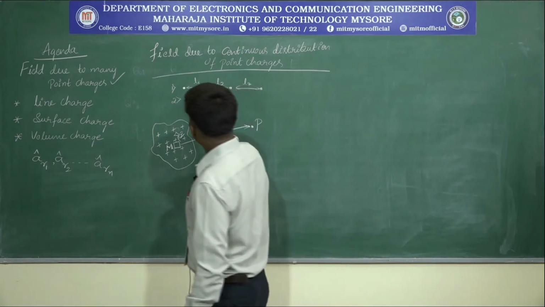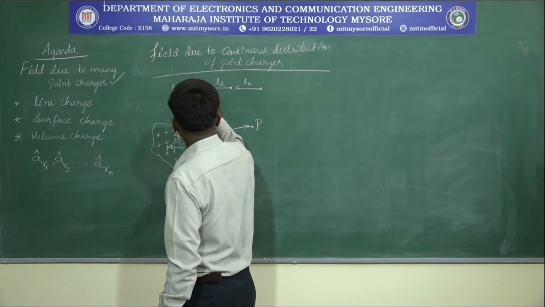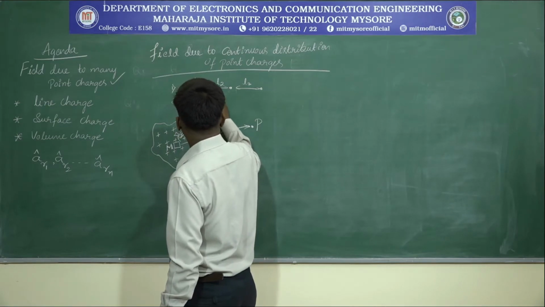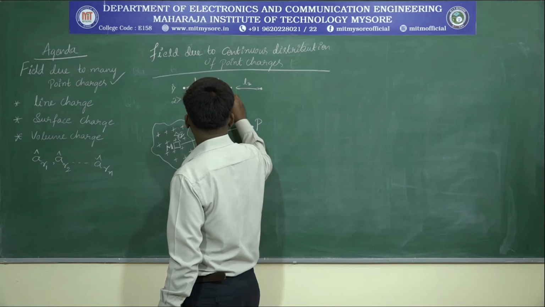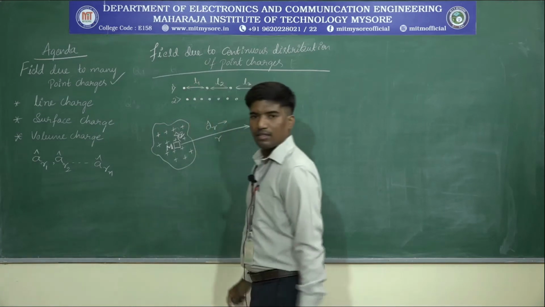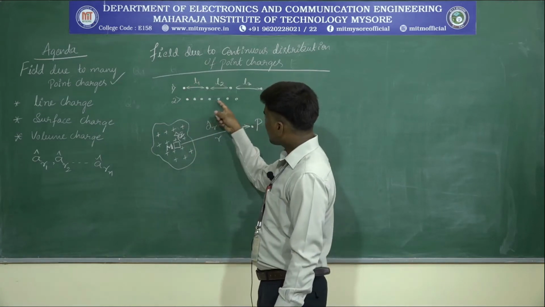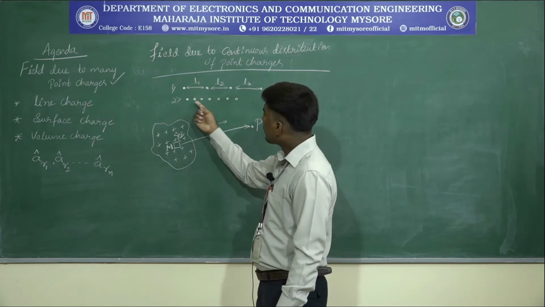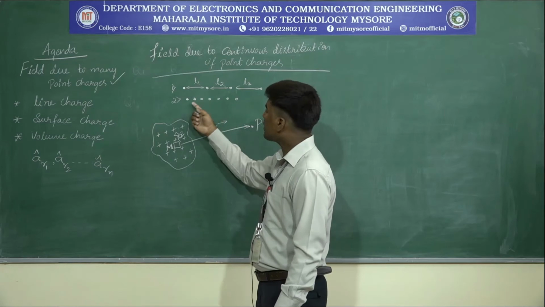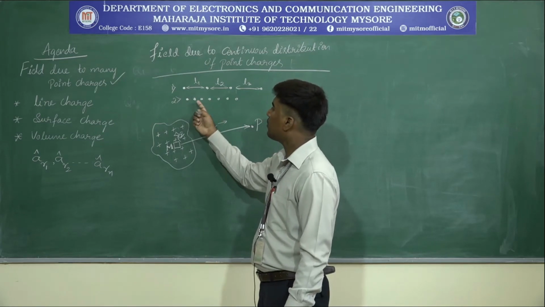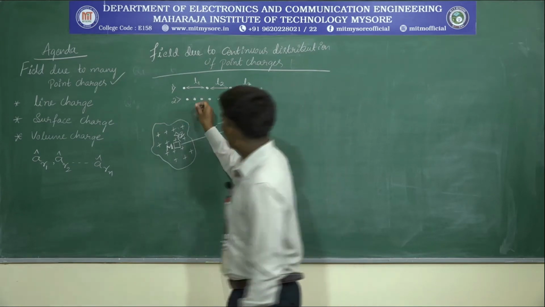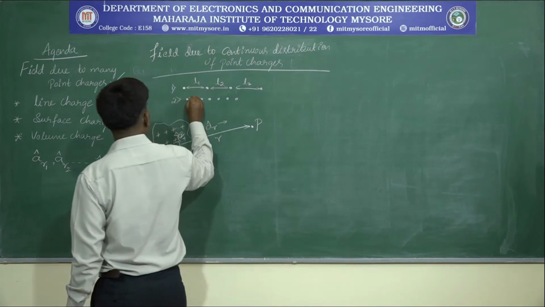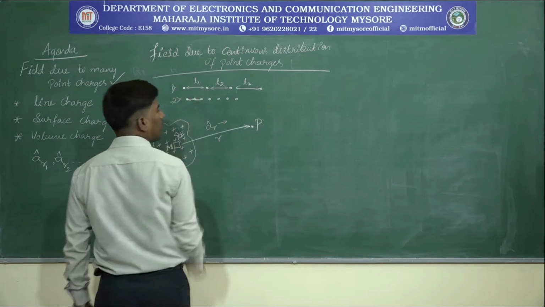So coming to the second arrangement, what do you call this? These are the point charges which are arranged in linear fashion with equidistant space. We can easily identify the distance between two point charges, right? So here also we can identify the distance between two point charges.